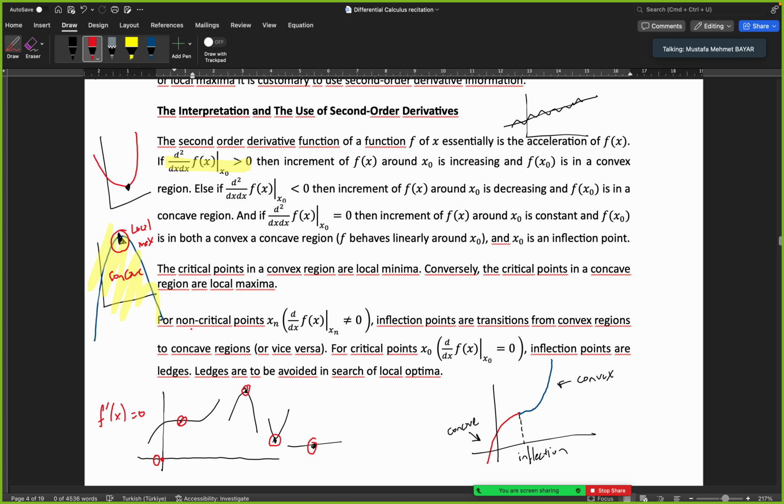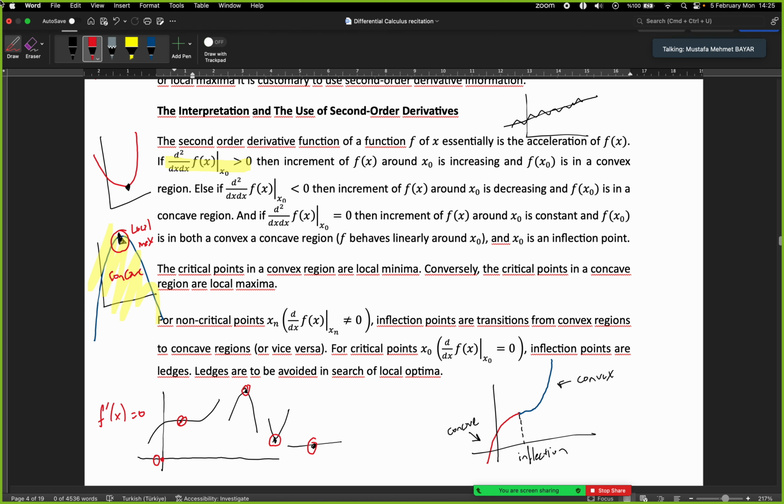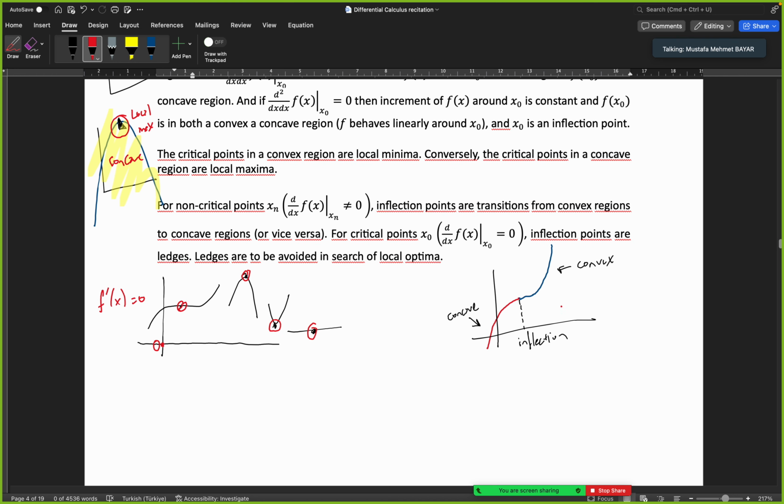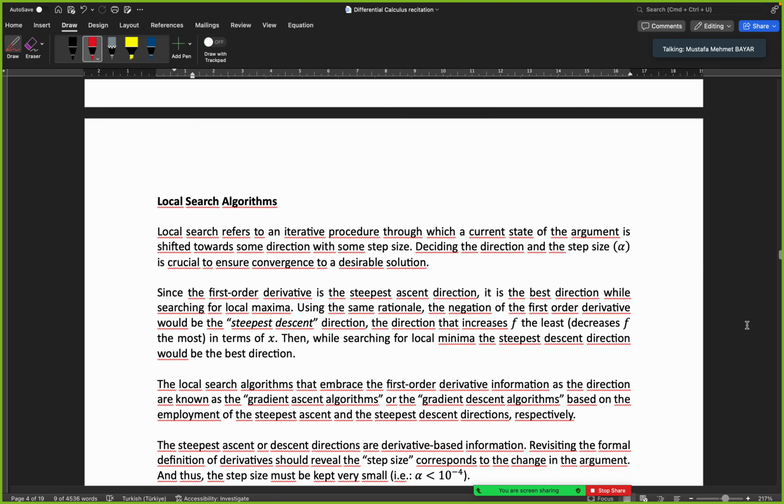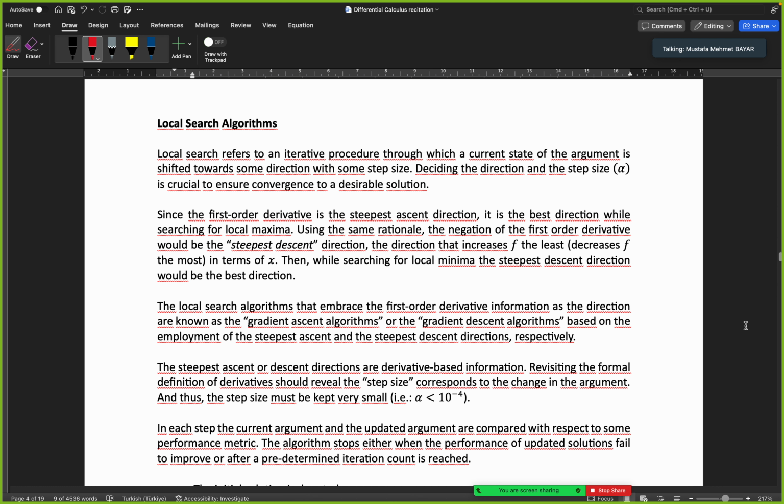Let me just move on and let me just find my cursor. Yeah, here I found it. And this was about the calculus approach to find critical points, which are extremum points, within which we are searching for local optimum points.